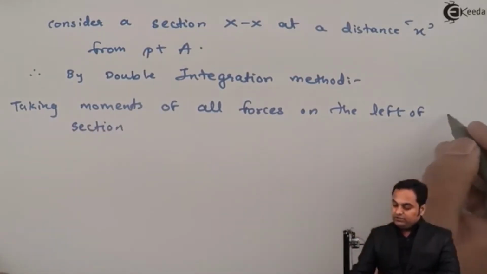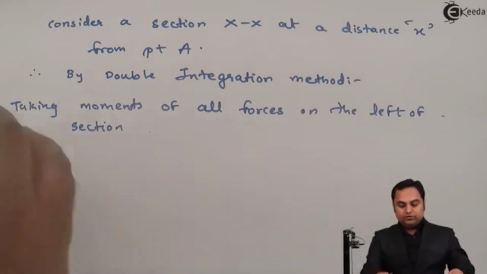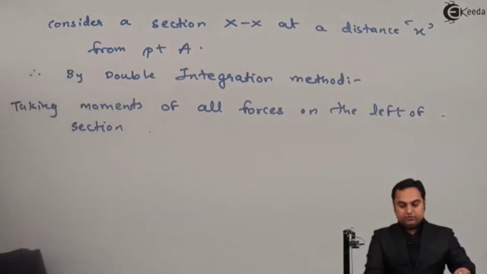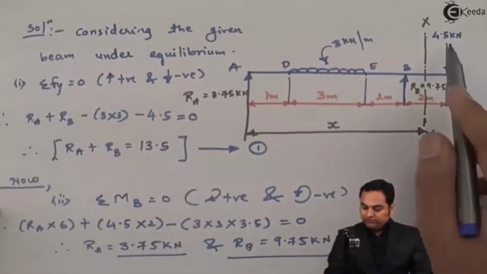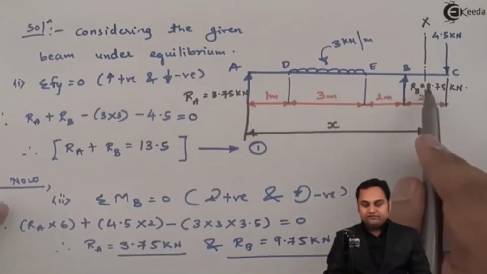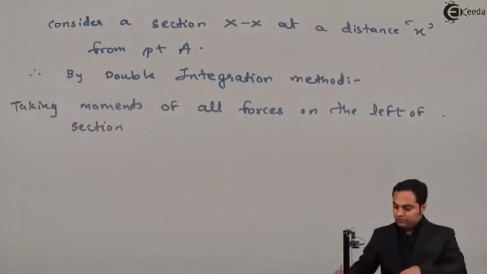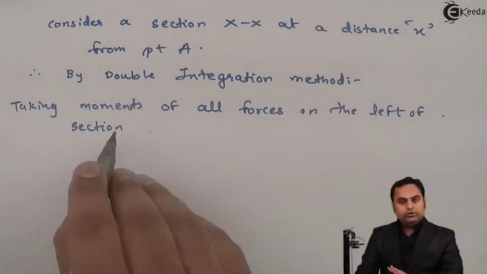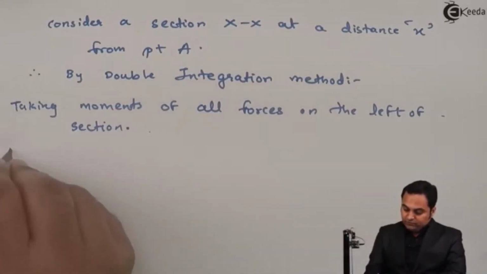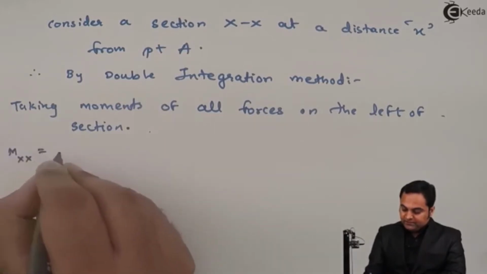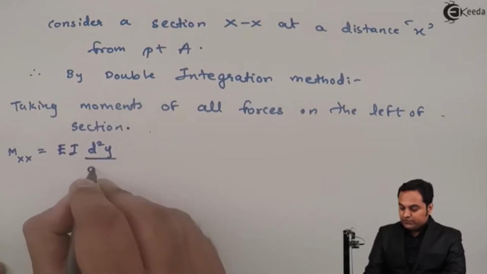We could take on the left of the section as well as on the right, because on the right we also have one value, which is 4.5, but we will take it only on the left of the section now. So we have the moment at XX, and it is given by EI d square y by dx square.